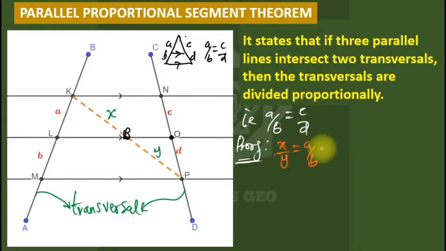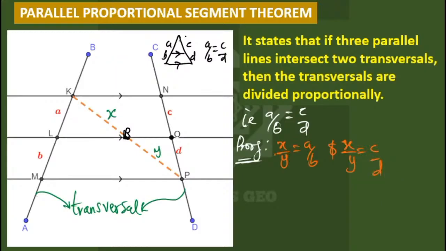Also, X over Y for this other triangle is C over D. Why is this so?